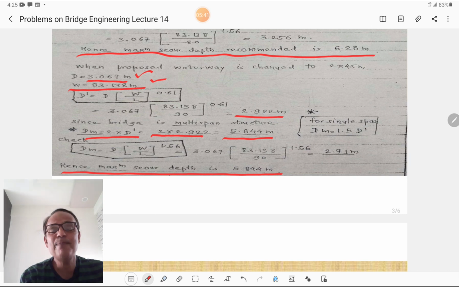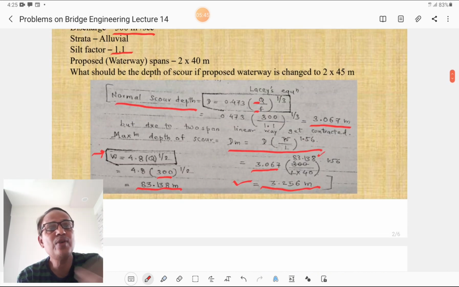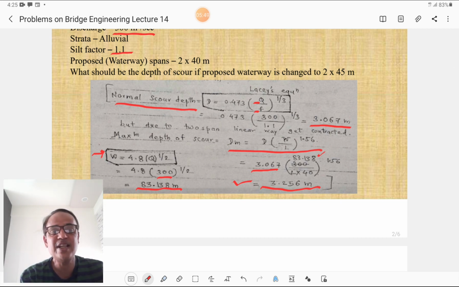So these are the simple equations. First we use Lacey's equation to get the normal depth of scour: D is equal to 0.473 (Q by F) raised to 1 by 3, where Q is the discharge and F is the silt factor. Then we calculate W by the formula 4.8 Q raised to 1 by 2, or 4.8 under root of Q. And then we calculate the Dm also.